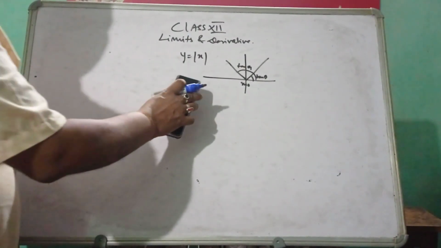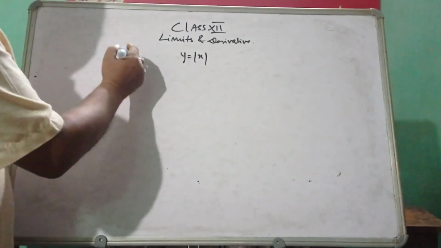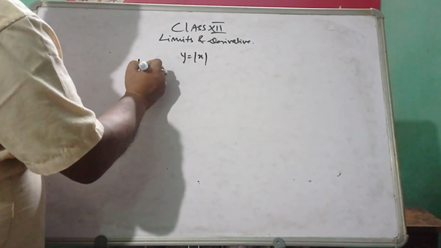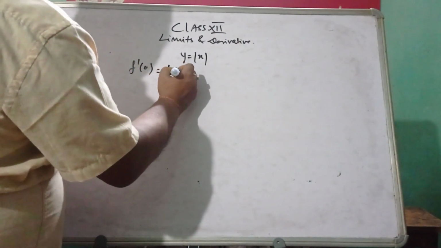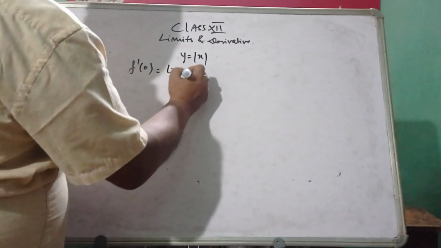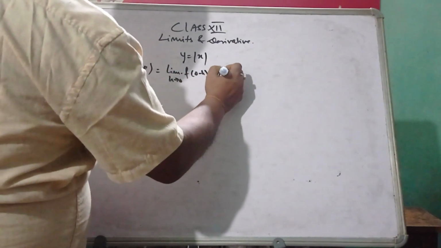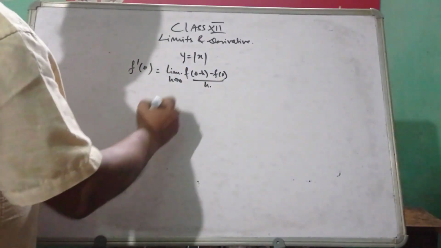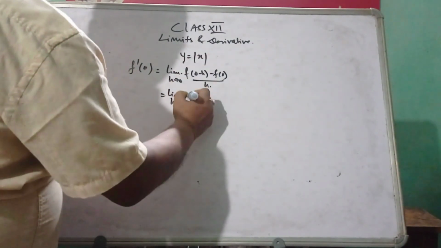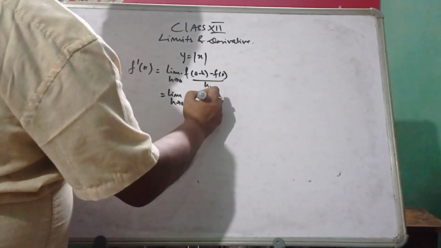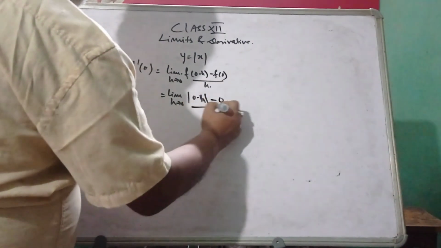But now you have to prove that. So prove here f at x is equal to 0, that is left hand derivative limit h tends to 0 f(0 minus h) minus f(0) by h. So here this will be limit h tends to 0, 0 minus h, and then f(0) is 0, by h.